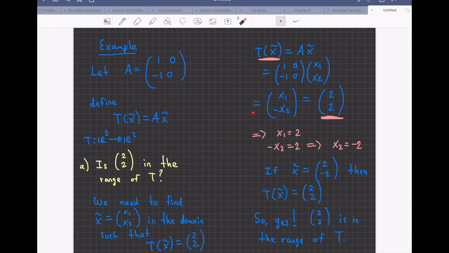To show that one element is in the range, you need to find one element in the domain of the transformation, such that when you apply the transformation to that element in the domain, you obtain the value that you want. In this case, that element in the domain is 2, negative 2. So yes, 2, 2 is in the range of T.